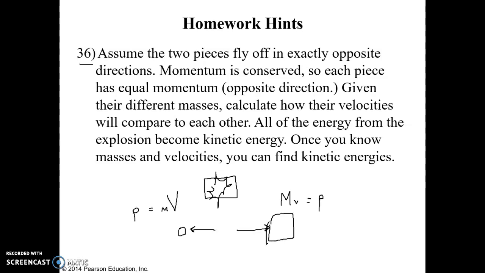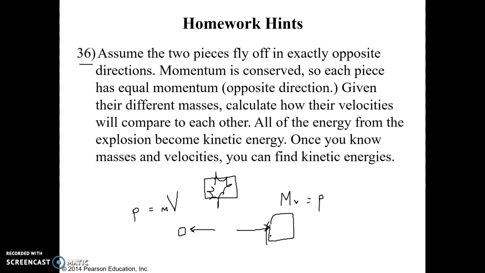So the misconception I see a lot of people have is that the object that has more mass is going to have more momentum. And that's not true, because these two momentums have to cancel each other out. So if this one has a big mass, it has to have small velocity. And this one has a small mass, therefore it has to have a large velocity. And that kind of makes sense if you think about it.